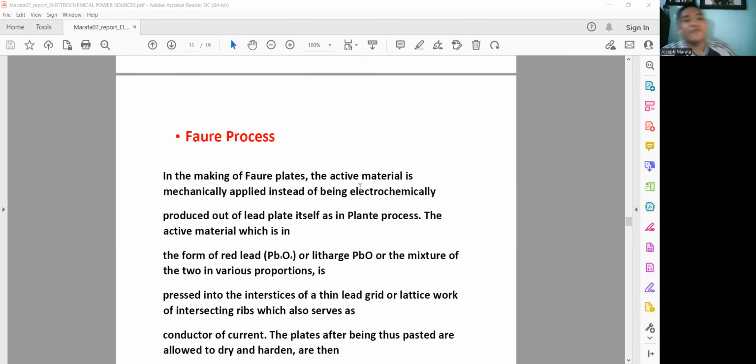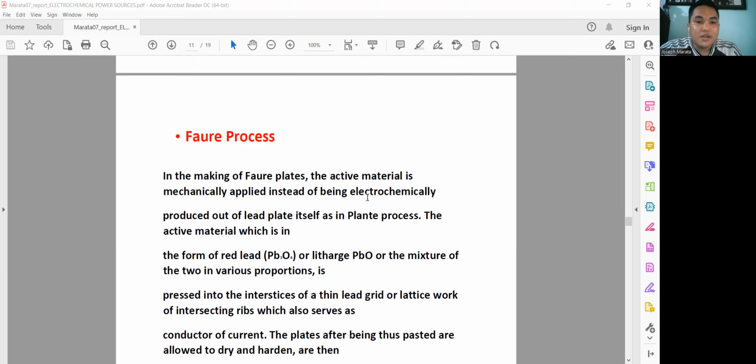The next one is the Faure process. In the making of Faure plates, the active material is mechanically applied instead of being electrochemically produced out of the lead plates itself, as in the Plante process.